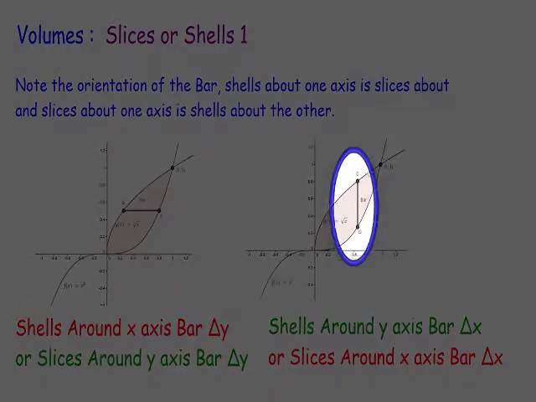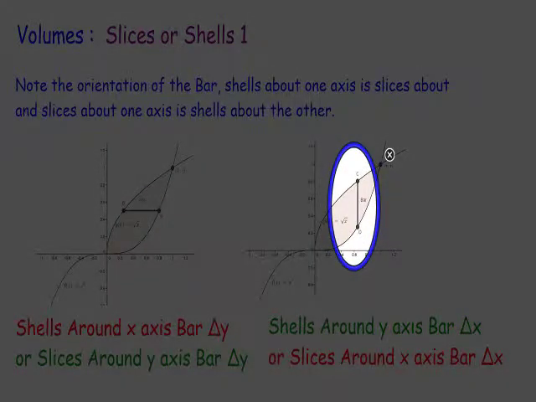Now, if you go to the next diagram, over here, you can see our bar is now CD, and it's perpendicular to the x-axis, or parallel to the y-axis. In both cases, its thickness is delta x, because I'm going to be moving it through the shape along the x direction, and it'll make a slice around the x-axis and a shell around the y-axis.